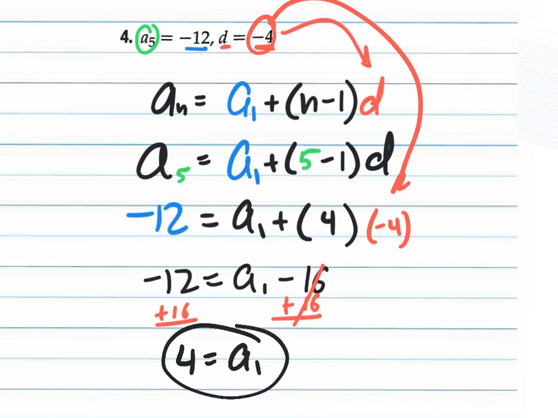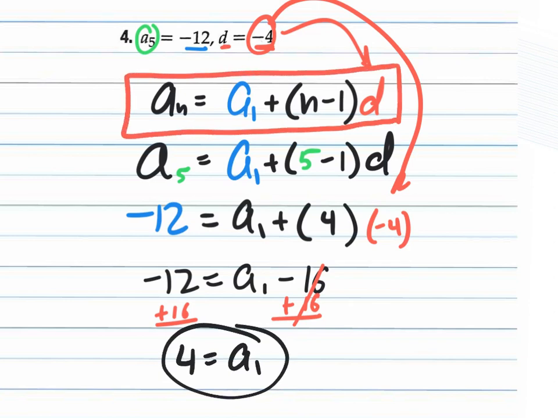Okay, so back to our original a sub n formula that we have to memorize for arithmetic sequences. We need two things to be able to write out our function that produces the list. We need a sub 1 and we need d. They gave us d, that was negative 4, and we need a sub 1, which we just found, a sub 1 equals 4.